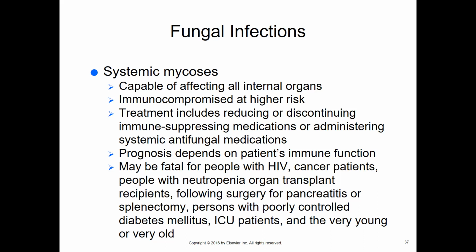Immunocompromised patients are at high risk for systemic mycosis, and that would include anybody infected with HIV, cancer, neutropenia, organ transplant recipients, patients that are post-surgical for pancreatitis or a splenectomy, or anybody with poorly controlled diabetes. Also, anybody who's in intensive care, the very young and the very old.